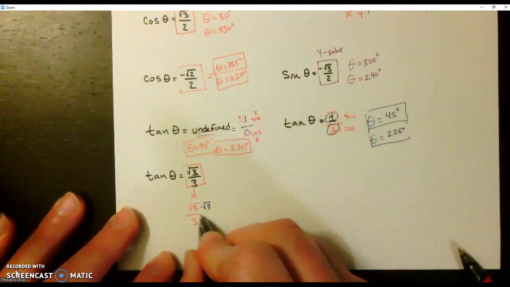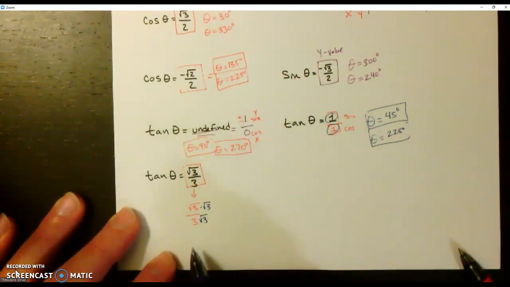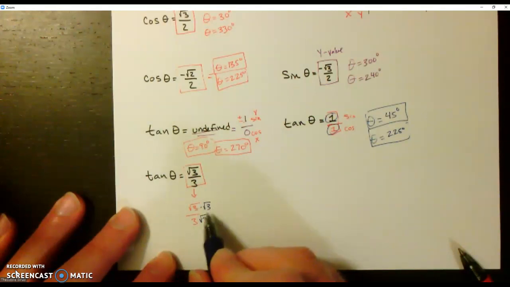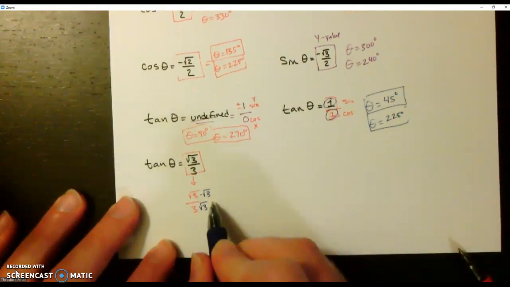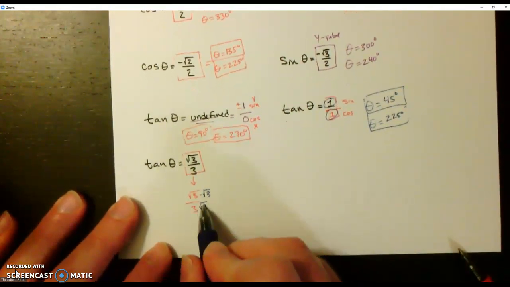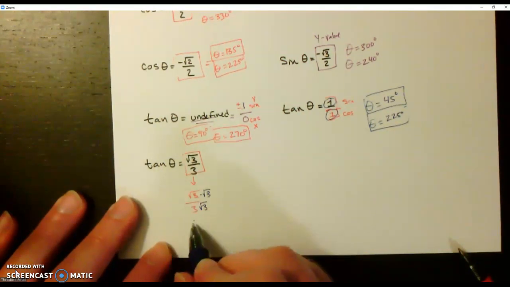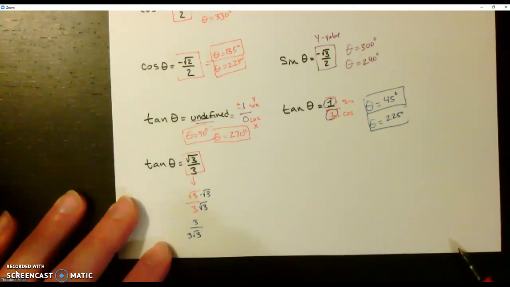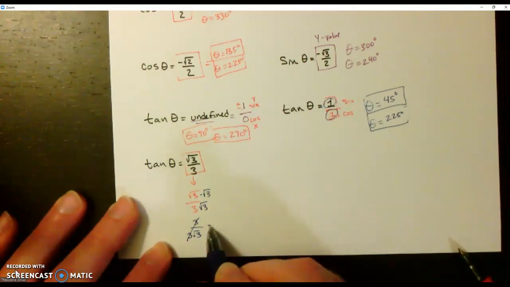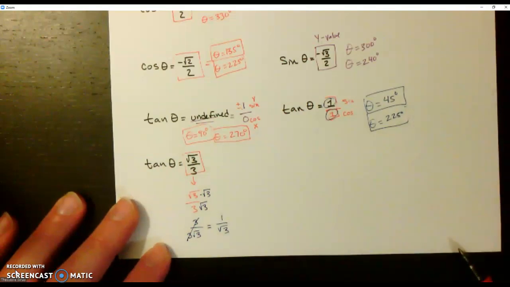This is a reduced version of a ratio that we had before. So if I unreduce it, I'm going to turn it into a ratio of square root of 3 times the square root of 3, which is 3, and on the bottom I get square root 3 over 3. Well, those are going to reduce out, and I'm left with 1 over square root 3.